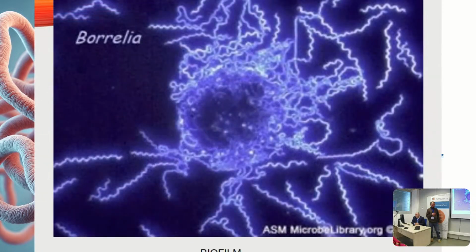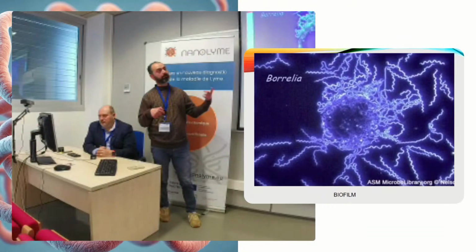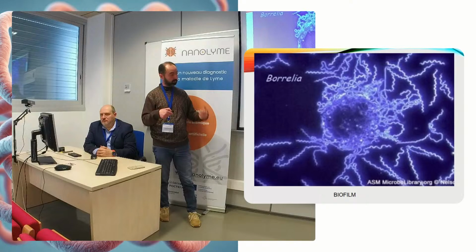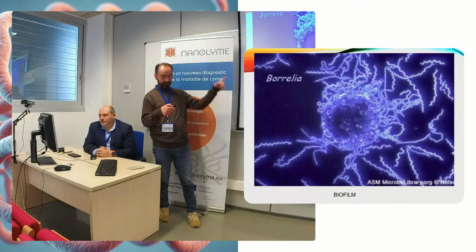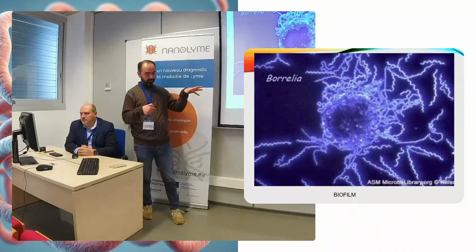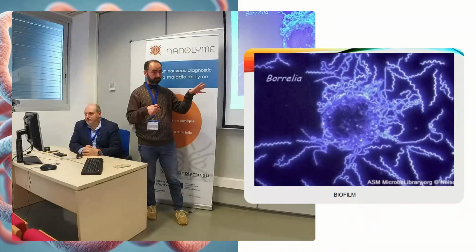The other possibility is the biofilm organization of Borrelia. When you give antibiotics, there is no penetration in this biofilm, so there is persistence. And this biofilm and these round bodies can be found in all organs: neurologic, articulation, all organs.